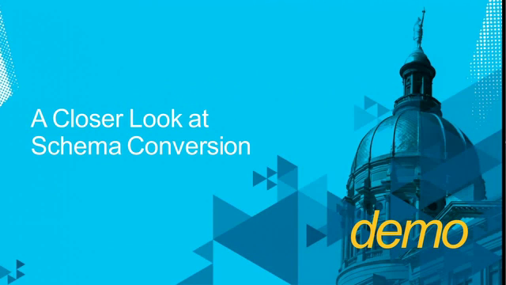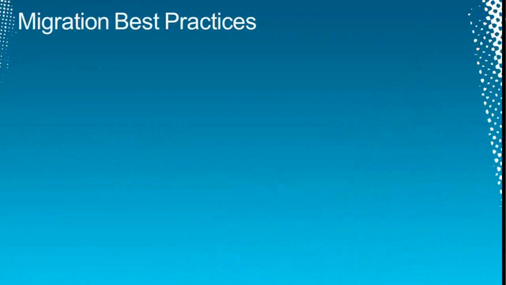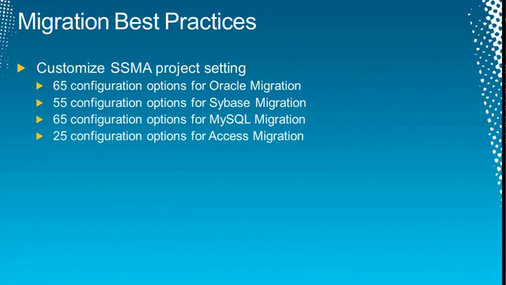So all of these migration challenges are something that SSMA takes care of for you, and for the most part, you don't have to worry about them and can let SSMA handle them. But there are a few things you should pay attention to when you do the database migration. First, you want to take advantage of the different options available. I showed you briefly how to go to the project settings.